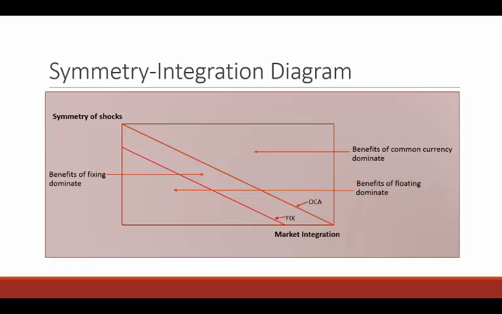Above the red line, there is a higher degree of symmetry in response to shocks and also a fairly high degree of market integration happening. Therefore, operating a fixed exchange rate regime becomes desirable at this point.